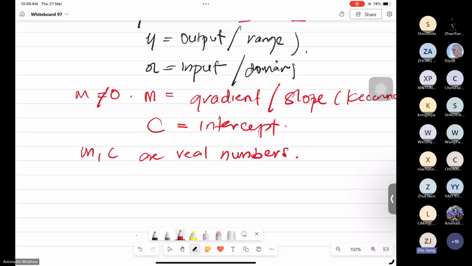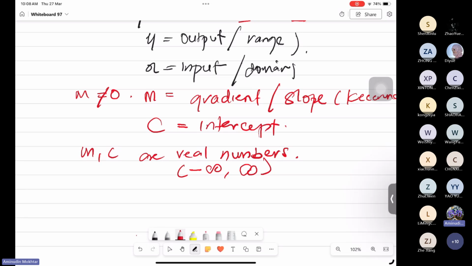I think it should be a rational number. Rational number, yeah. No, a rational number is part of real numbers. Real numbers, in other words, m and c can take any number from negative infinity to positive infinity.